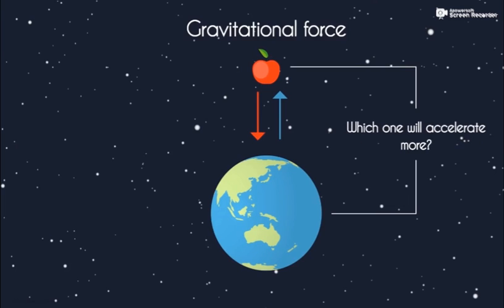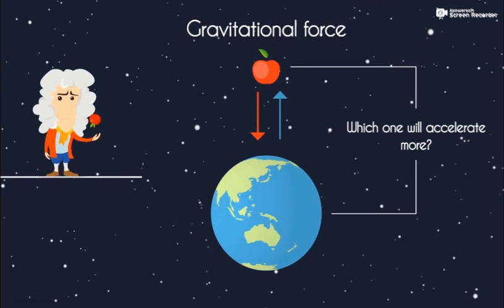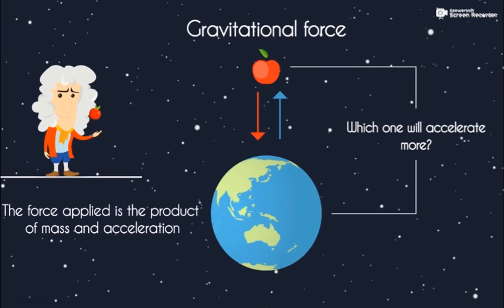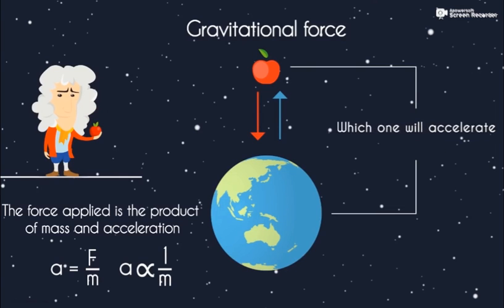Which one will accelerate more? Based on Newton's second law, we know that the force applied is the product of mass and acceleration. So, the acceleration will be equal to force over mass. Now, the acceleration is inversely proportional to the mass here.